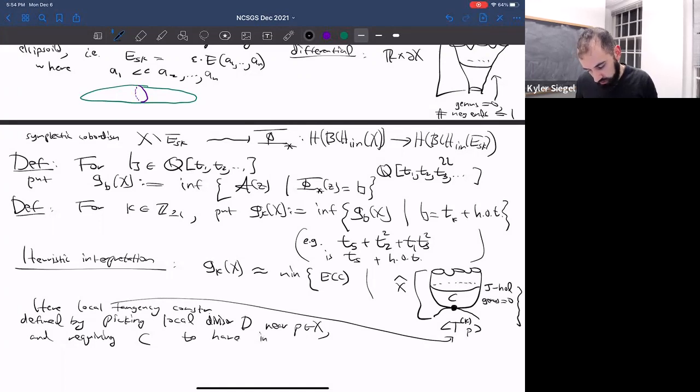So it passes through the point P and it has intersection multiplicity K with the divisor at that point. So I'll just say with the pair D, P.